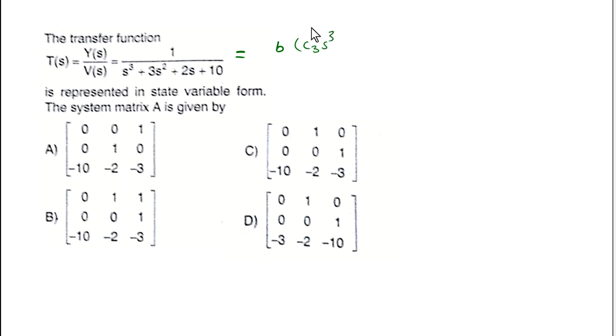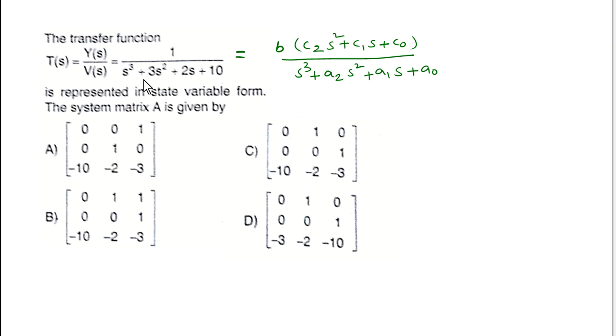Let me write it in the form of c2, so that you can understand easily: c2 s square plus c1 s plus c naught, divided by s cube plus a2 s square plus a1 s plus a naught.